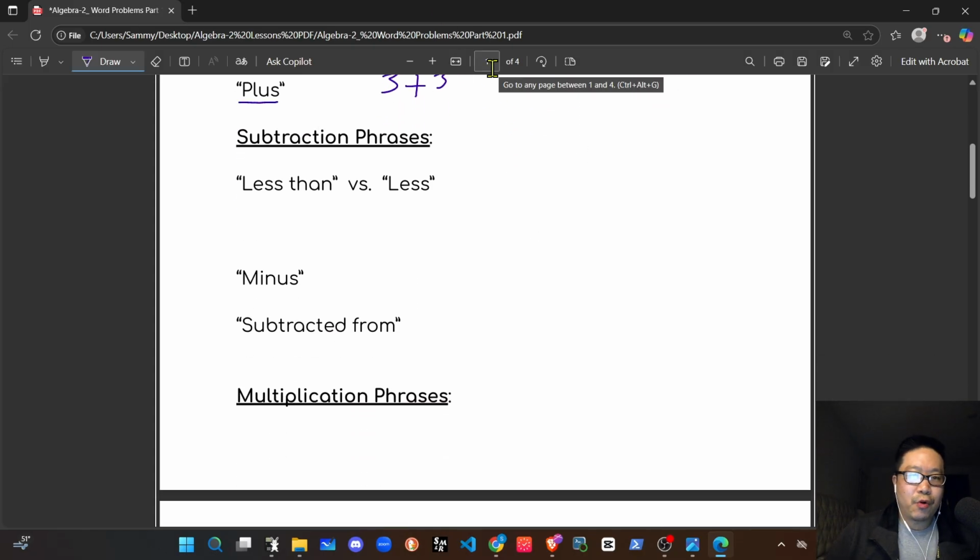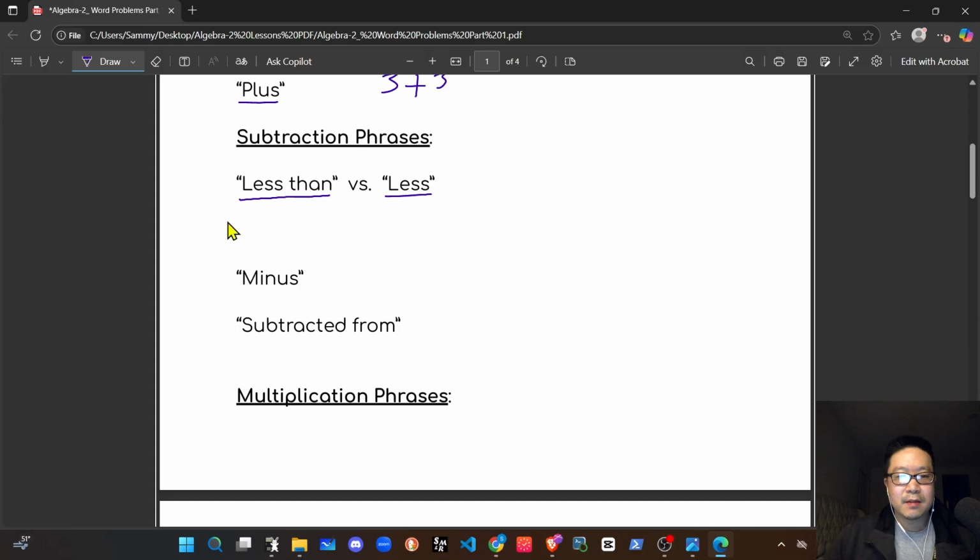Next, we go over the subtraction phrases. You might encounter the phrase less than and less when you're having to solve word problems having to do with subtraction. Now, there is a difference between less than and less.